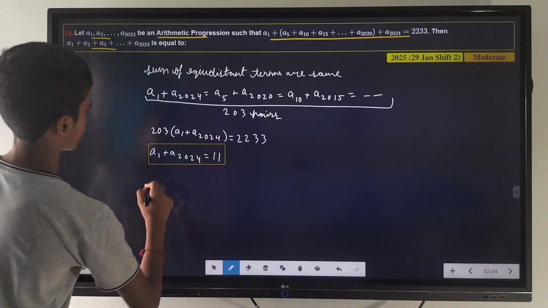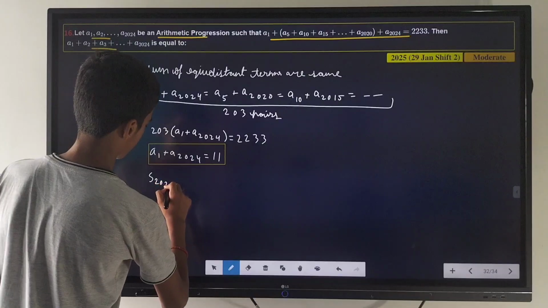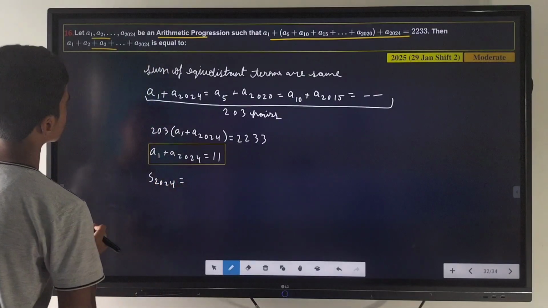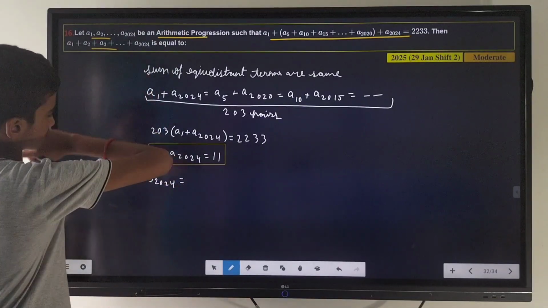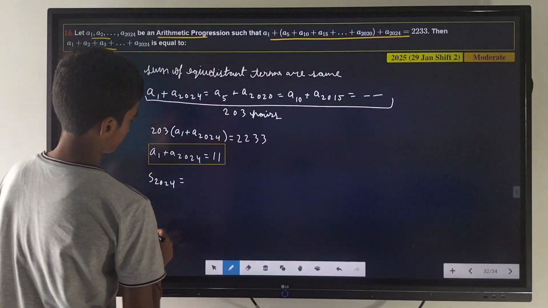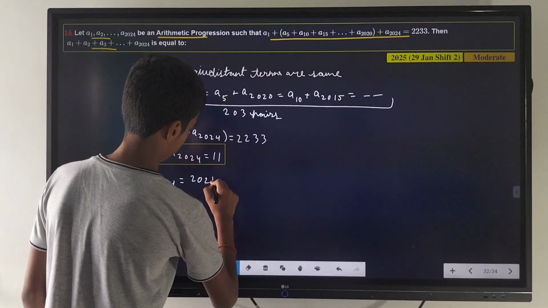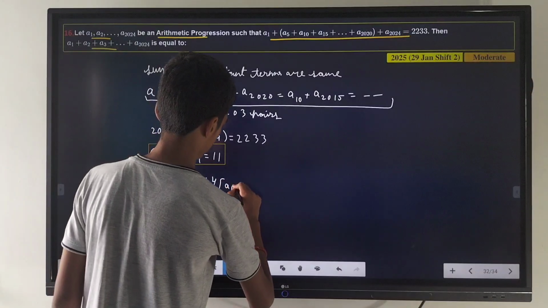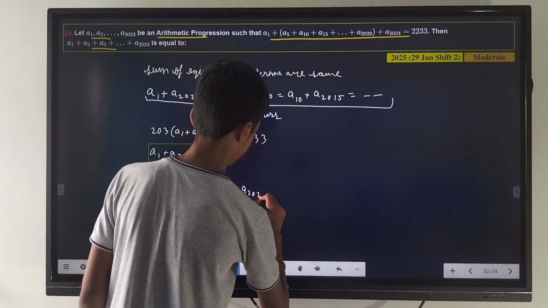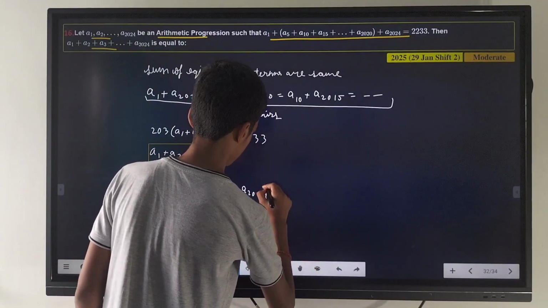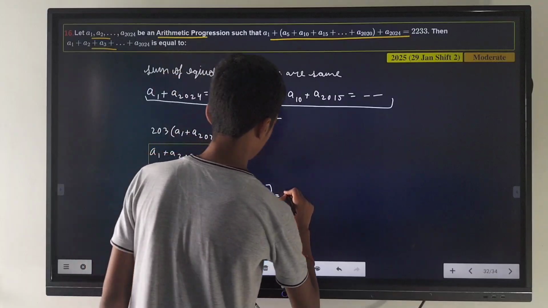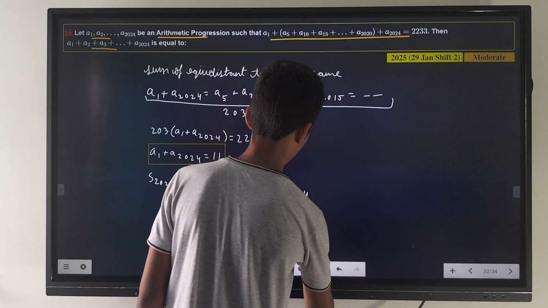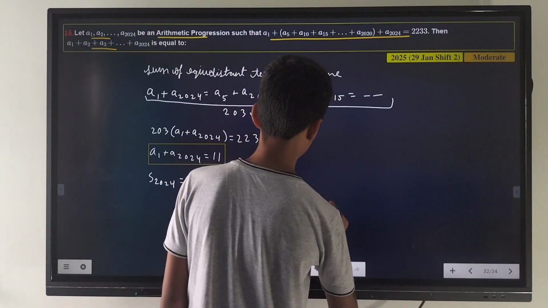Now this sum is the sum of all 2024 terms in the given AP. So this will be 2024 upon 2 into first term plus last term. So this is equal to 2024 upon 2 into 11.